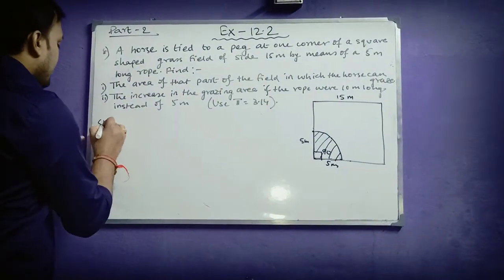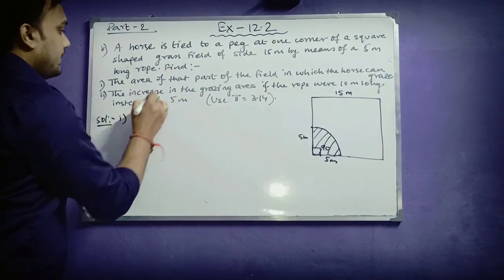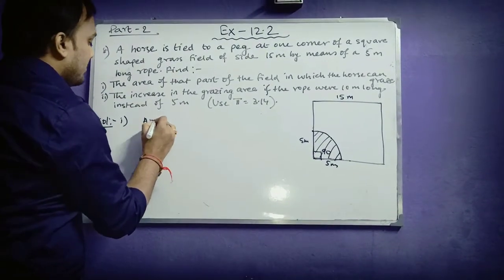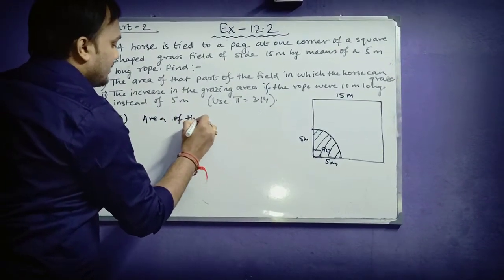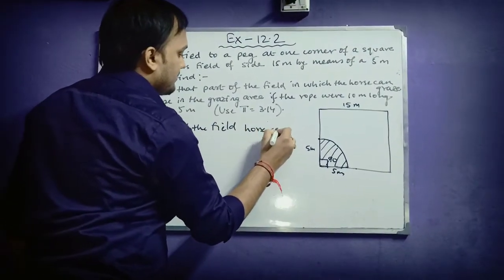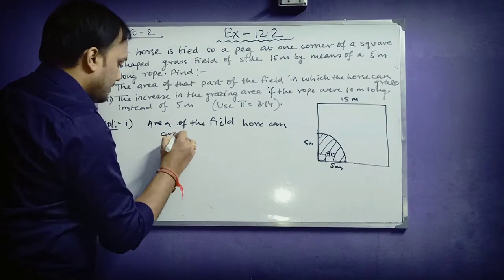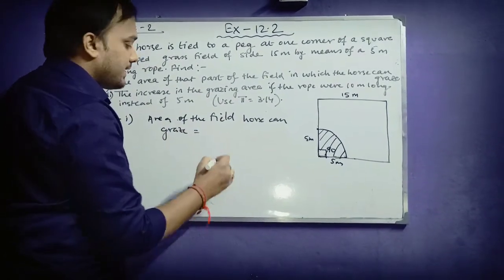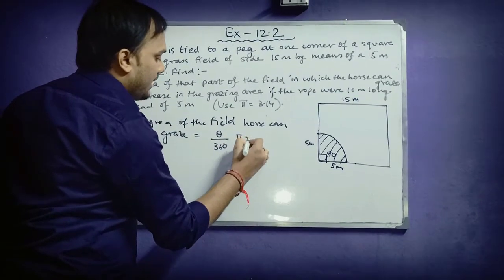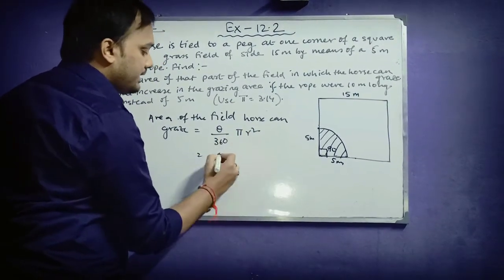So what will be the solution for question number 1? The area of the field that the horse can graze. Basic formula of the sector is, area of the sector is theta by 360 pi r square. And here theta will be 90 degree. Why 90 degree?